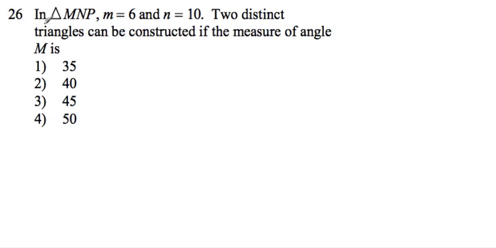Alright, let us look at number 26. In triangle MNP, m is 6, n is equal to 10. Two distinct triangles can be constructed if the measure of the angle M is. Now, let us try to look into this one. Side m and angle M are opposite of each other.